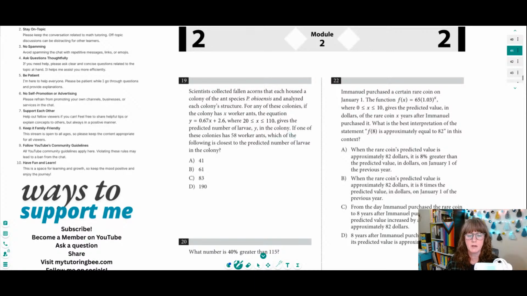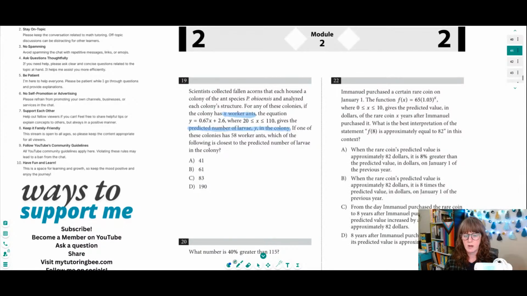Okay, I'm going to pause there for just a second because if I'm a student looking at this, that is a lot of information. So let's break down what they're actually saying here. Y is the predicted number of larvae in the colony, and X represents the number of worker ants.